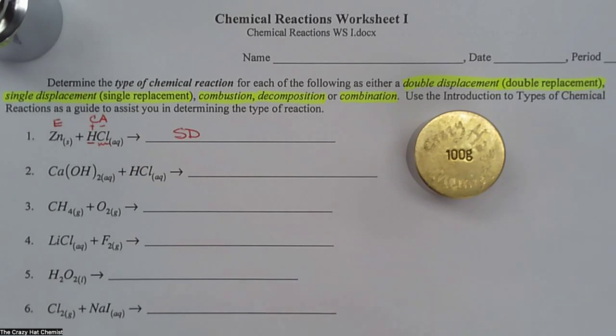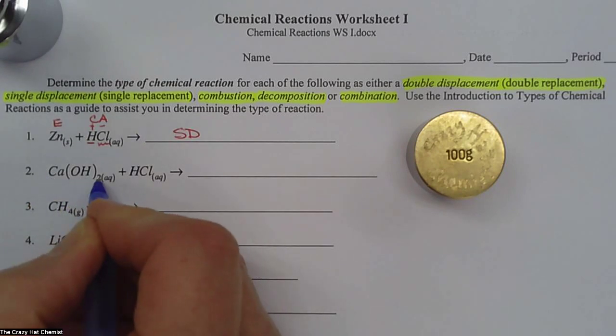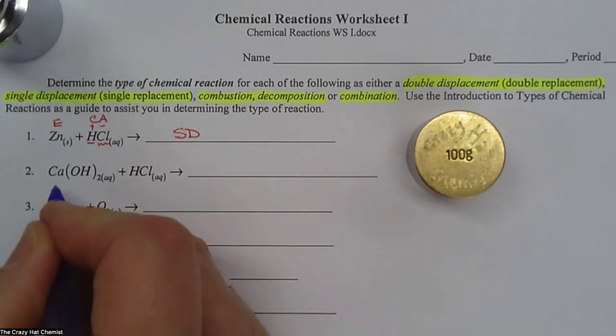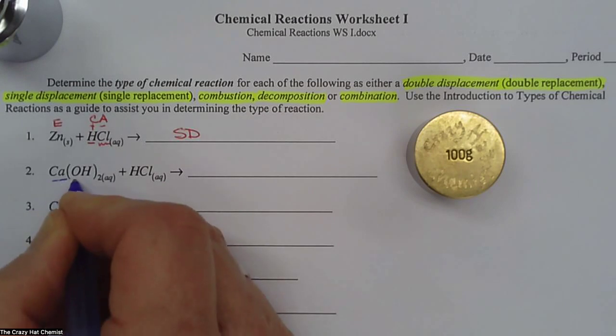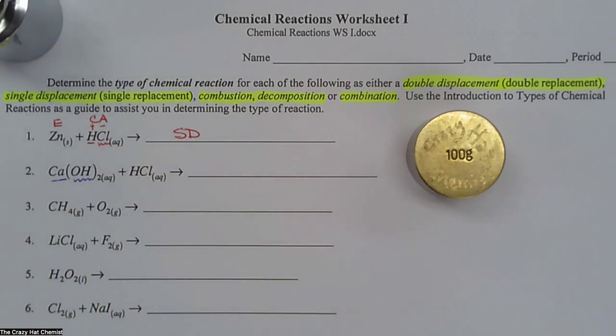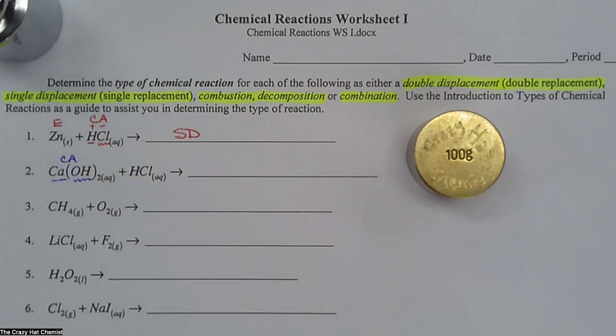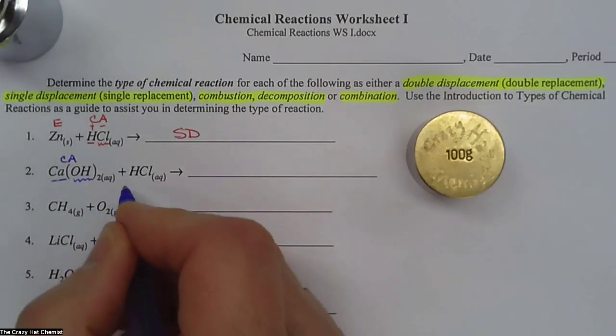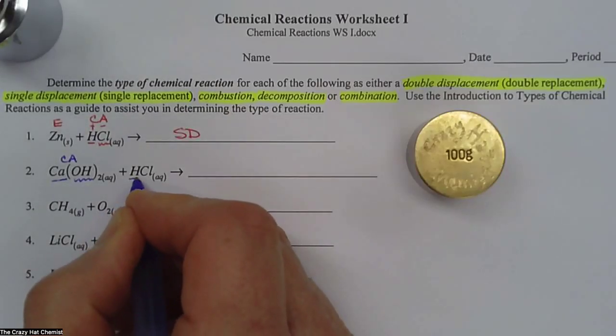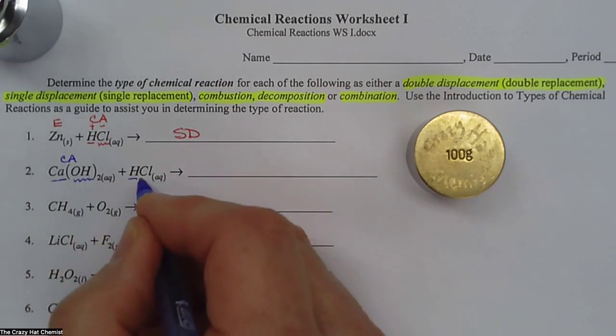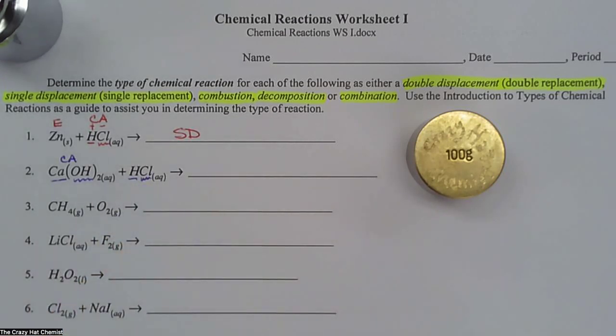Okay, problem number 2, I have calcium hydroxide with hydrochloric acid. Calcium is a cation, hydroxide is a polyatomic anion. That is a cation-anion combination. And just like on problem number 1, hydrochloric acid is composed of a cation of hydrogen and chloride as an anion.